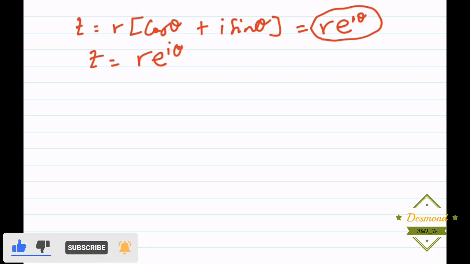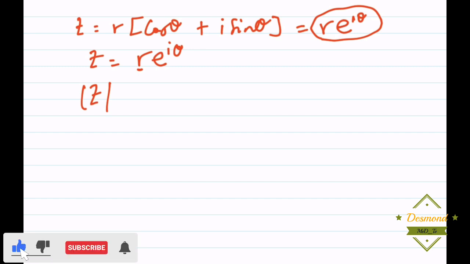Now we can identify r with the modulus of the complex number, and theta with the argument of the complex number.